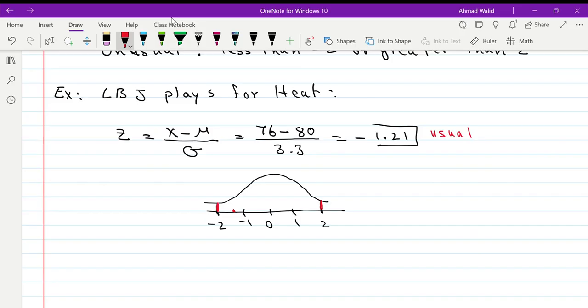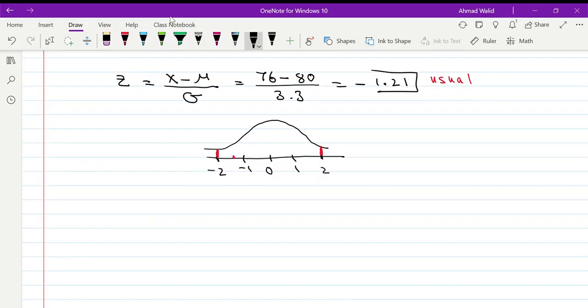Correct? Another example, let's compare my height. Can I play for Miami Heat? Example, Mr. Ahmed wants to play this time for Miami Heat. For the Z score, I'm like 72.